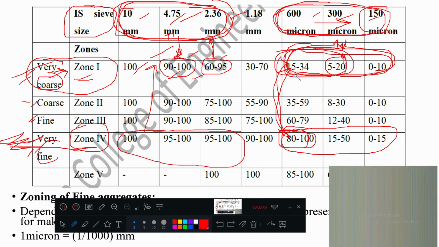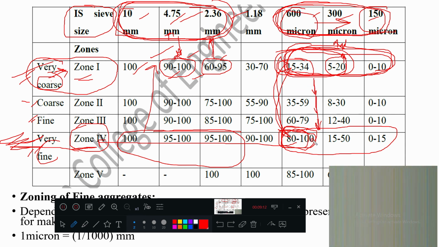If you do the finer fraction comparison, that means 600 micron particles, here the percentage passing is less, but the same particles are more in zone 4 sand. What do you mean by that? If you go in this direction, the smaller particle size, that is 600 micron particle size, their quantity is increasing.